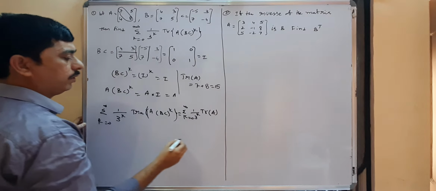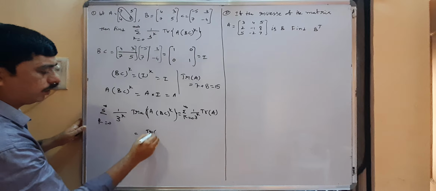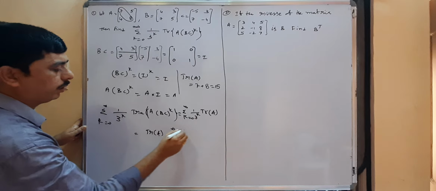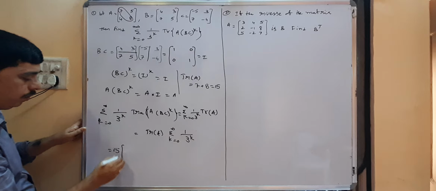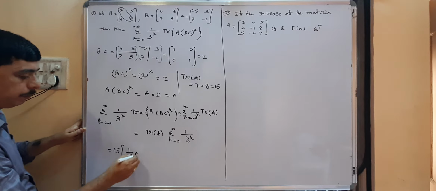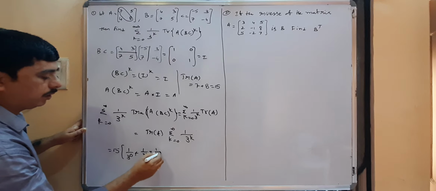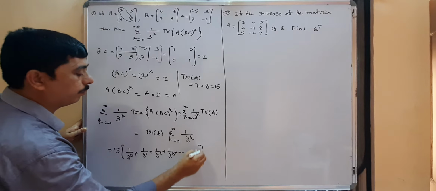equal to 15. So that is equal to trace of A into sigma k equal to 0 to infinity 1 by 3 power k. Trace of A is 15. So expand the sigma: 1 by 3 power 0 plus 1 by 3 power 1 plus 1 by 3 squared plus 1 by 3 cubed and so on up to infinity.